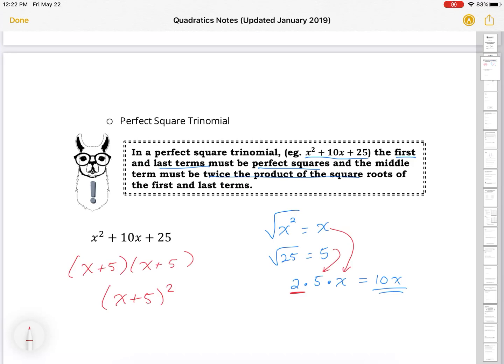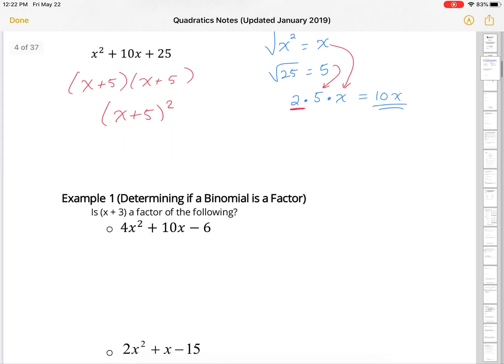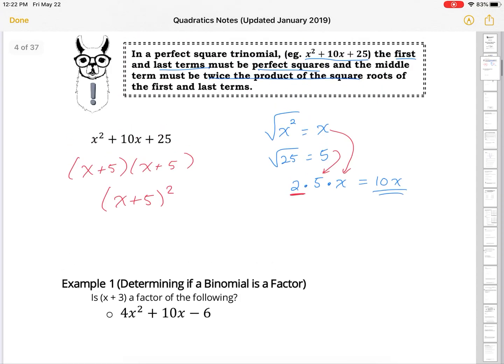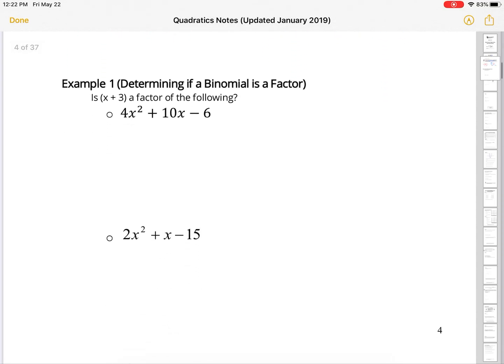If you still did it using inspection, two numbers that multiply to give me 25 and add up to 10, you would still get the same answer because it would be 5 and 5. And a lot of times too, like the last one we did on the previous page, if you do simple decomposition, you still get your correct answer. So there's a lot of ways to get there. This is just a recognition of a pattern. Okay, so we can see that pattern.